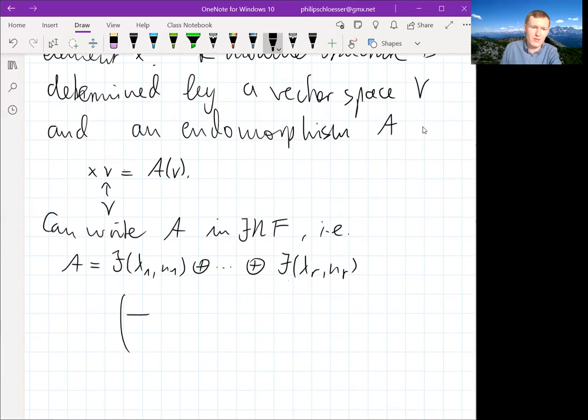In matrix form, this means the block matrix with the first block, then the second block, third block, and so on. Formally, it means I can decompose my vector space into a direct sum of subspaces where this thing acts on the first subspace, this on the second, and so on, and this on the rth subspace.